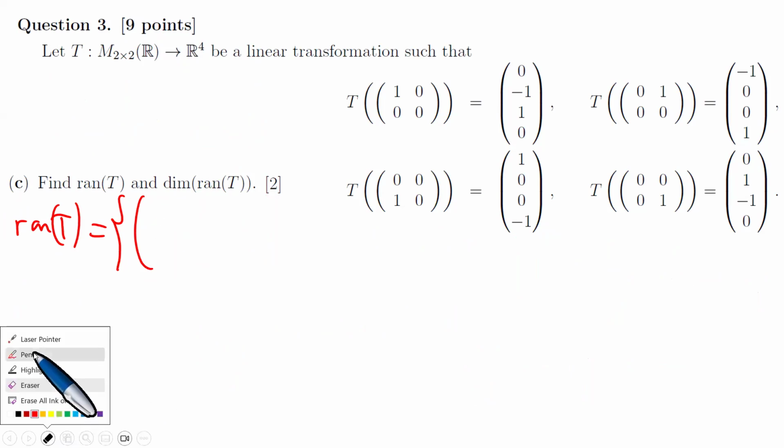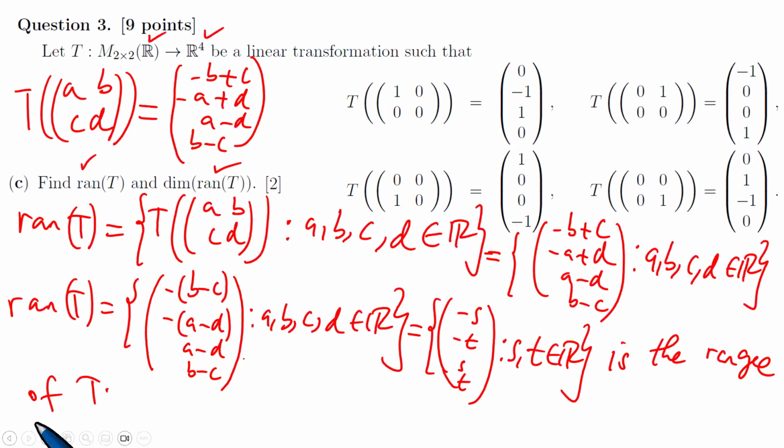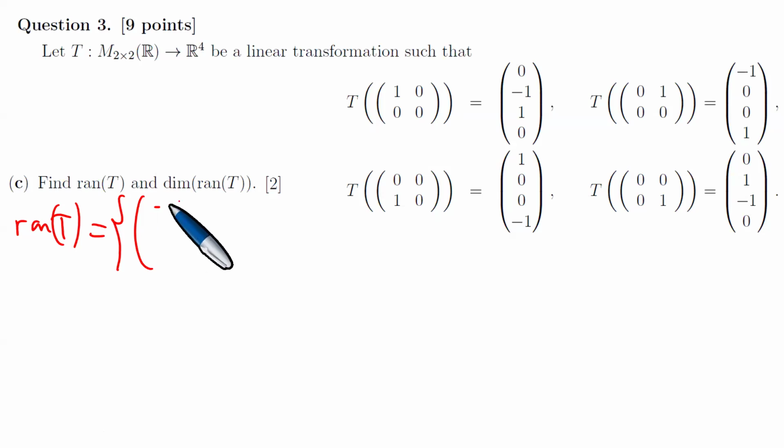So we have this one, minus S, minus T, then S, T. So we have minus S, minus T, then S, T. You have S and T.